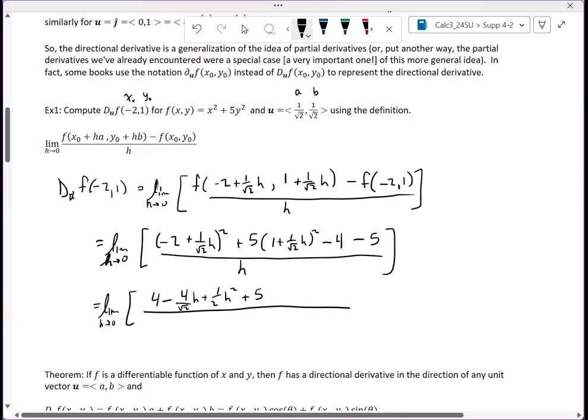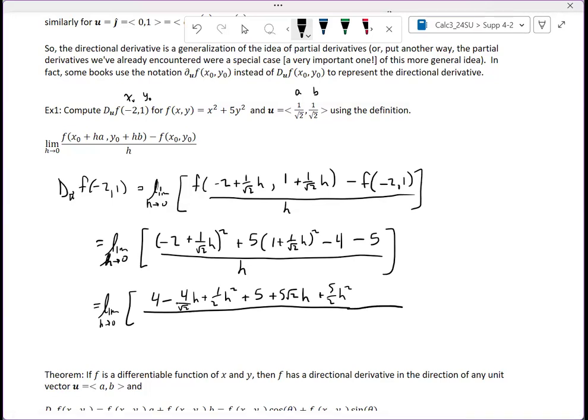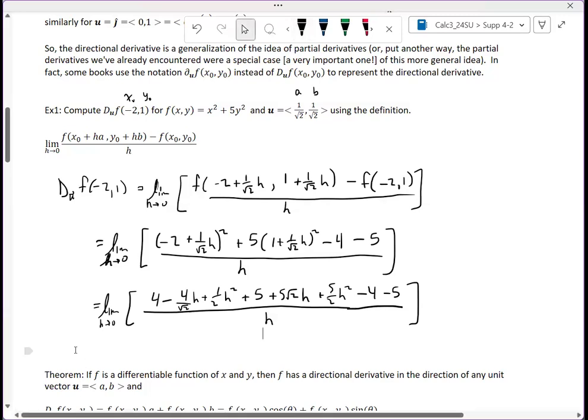The cross terms give me a 2 times 1 times 1/√2, so it's going to be 2/√2, or I suppose just √2, multiplied by 5, and then 1 power of h there. And then my last term is going to give me 1/2 h squared times 5, so plus 5/2 h squared. And then I have -4 minus 5, all over h.